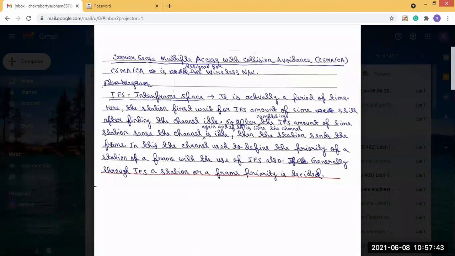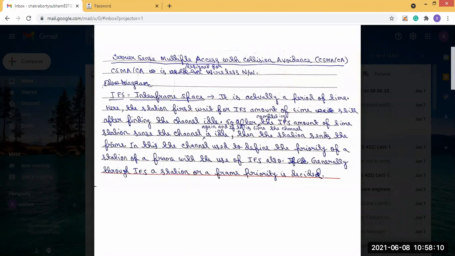In collision detection, what is happening? After sensing the transmission channel, if it is idle, the station immediately sends the frame. But here, if it is found that the channel is idle, the station will still wait for some amount of time, the interframe space.